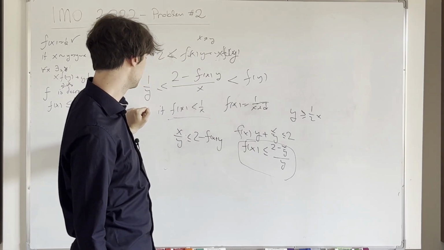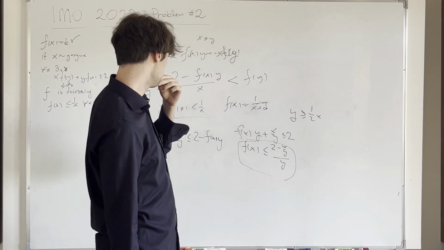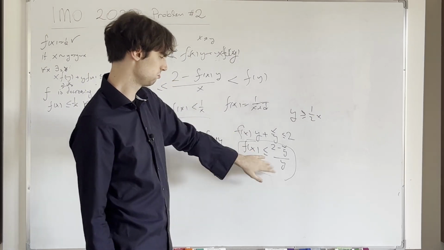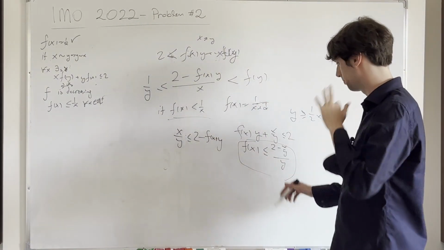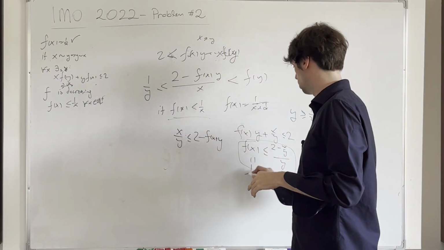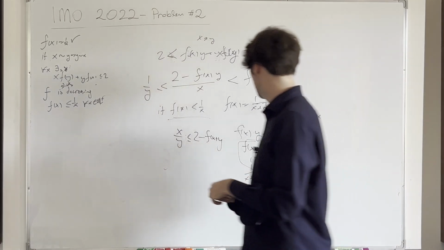For some y that's bigger than this? That is the question. Could this make sense? So if this was equal to, say, 1 over x plus d, now what would I need?